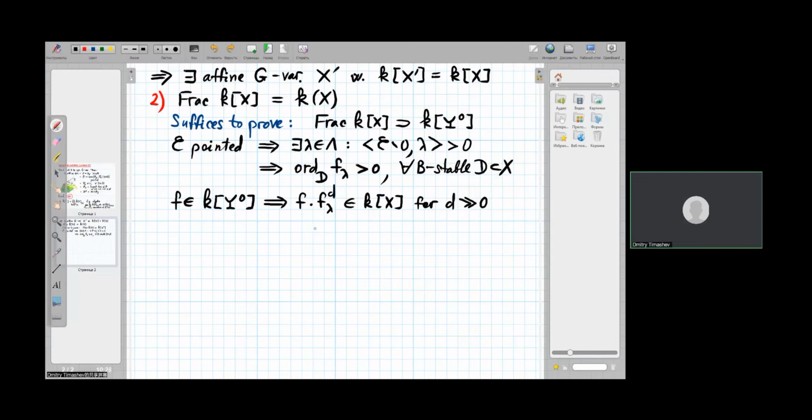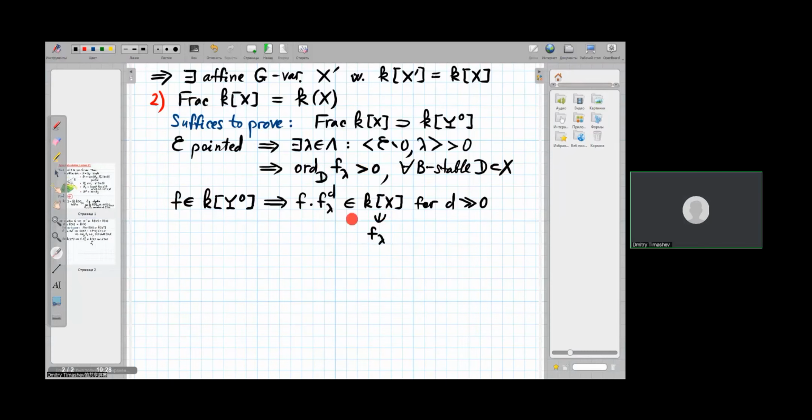The function f lambda itself is regular on X because it is semi-invariant. Its poles can be only B stable, but we have chosen this function in such a way that it has no poles, it has zeros along all B stable divisors, and therefore it is regular on the whole X.